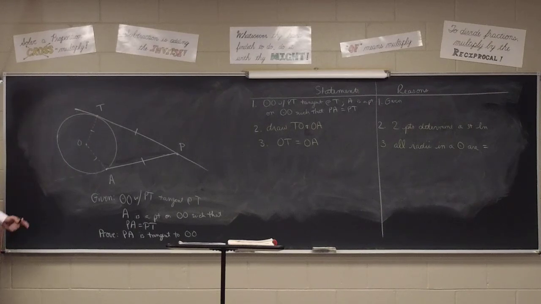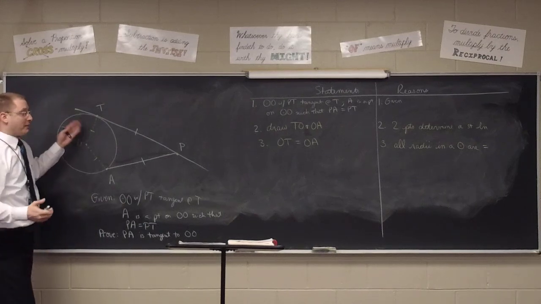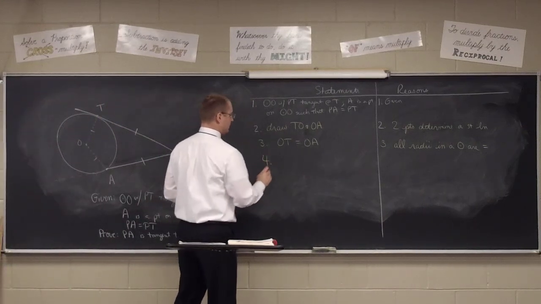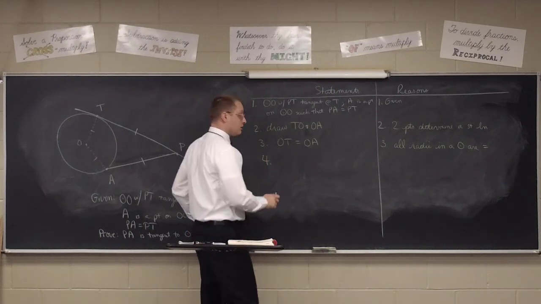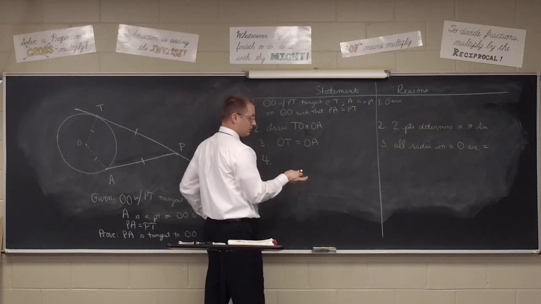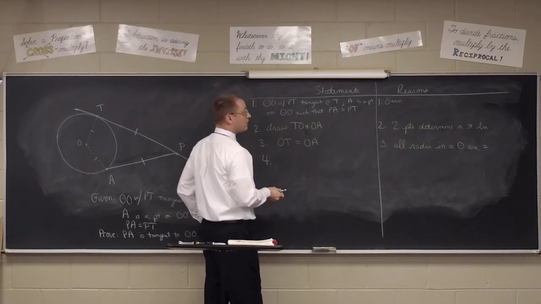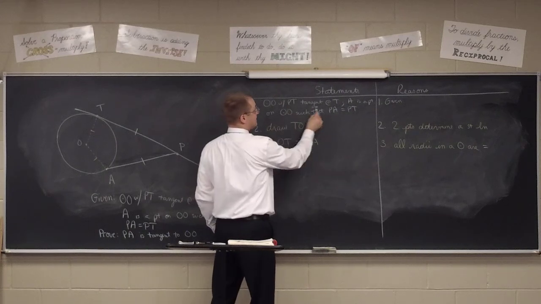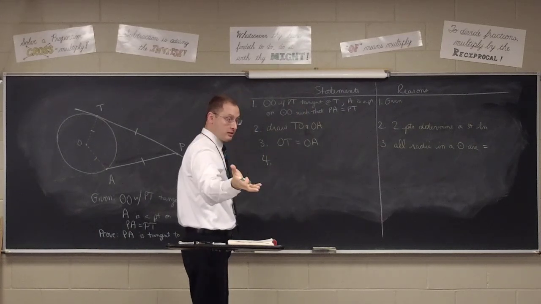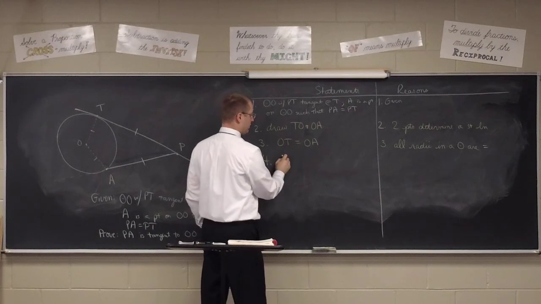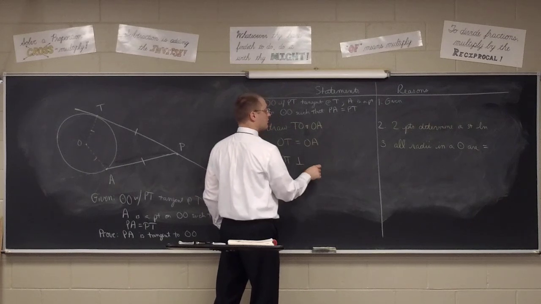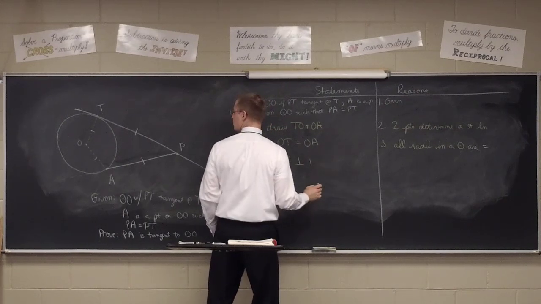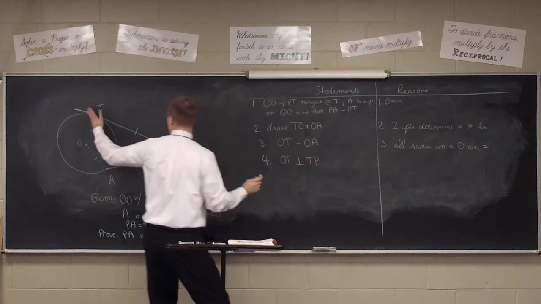Now back to the original claim though. The original claim was, we have a tangent. So claim, class, we have perpendicular. We just didn't have a radius yet. Well, now we have a radius, so let's go and state number 4. Remember, if PT is a tangent, claim, so therefore OT is perpendicular to TP.